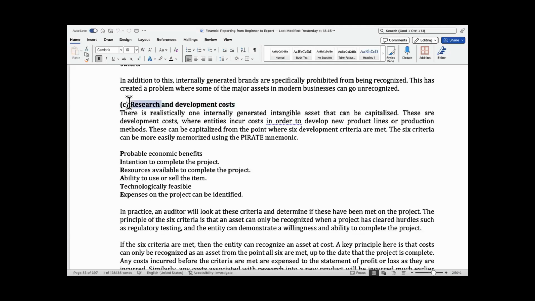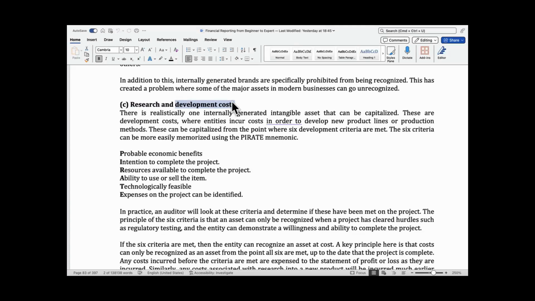The one that is research cost should be expensed. That one is not an intangible asset. Research cost is not an intangible asset. But development cost can be capitalized if it meets 6 criteria.